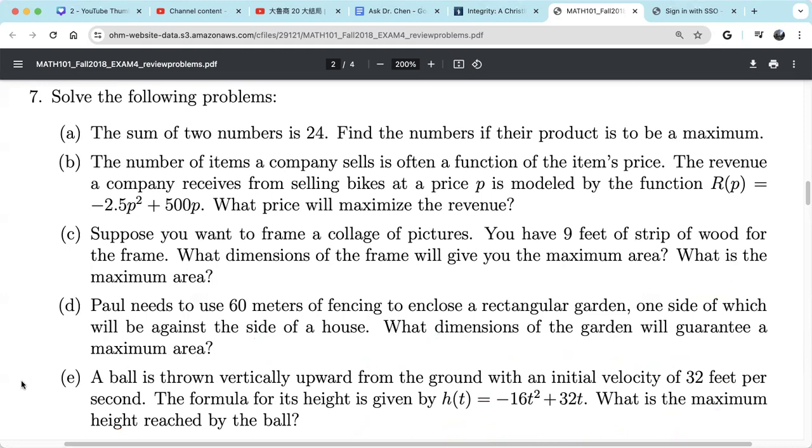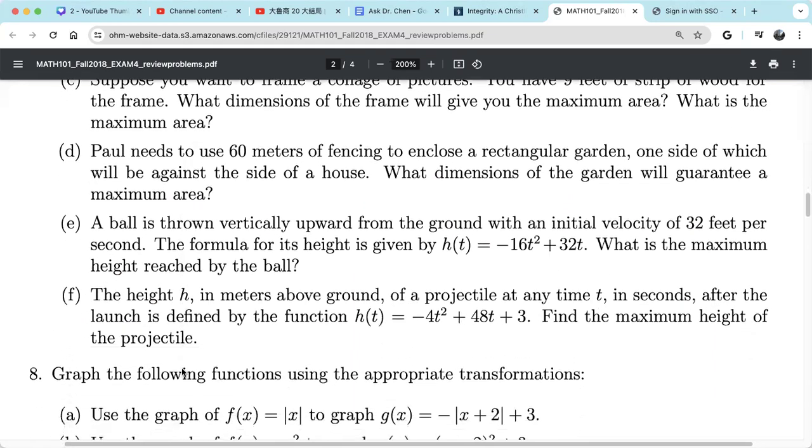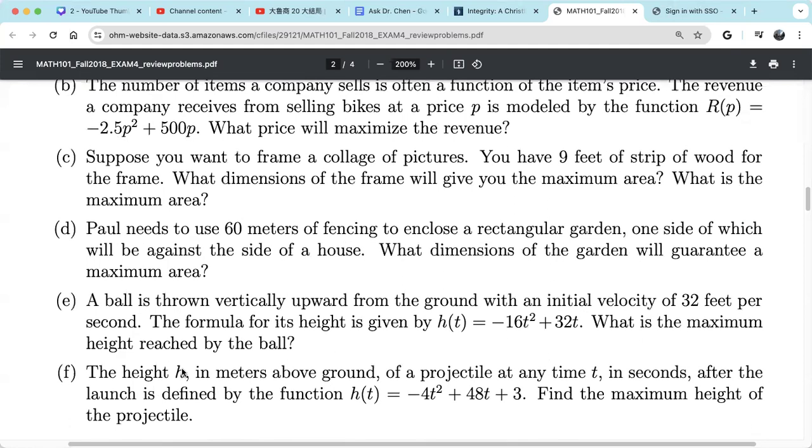Now let's see if E is the last one. Oh, we have E and an F. E we already defined, right? Maximum height. We already defined the maximum height. So F. The height h in meters above ground of a projectile at any time t in seconds after launch is defined by the function.